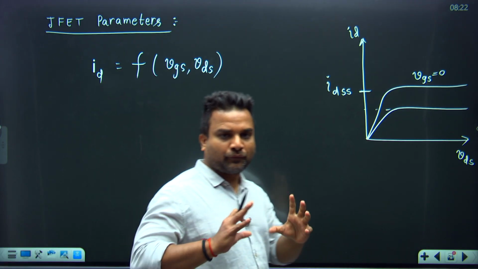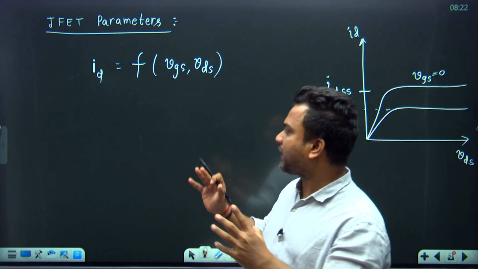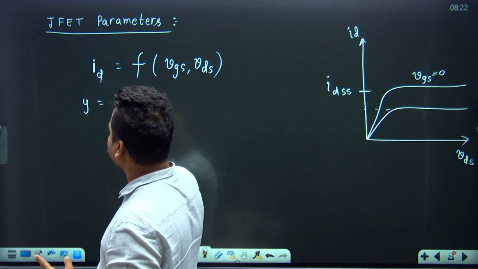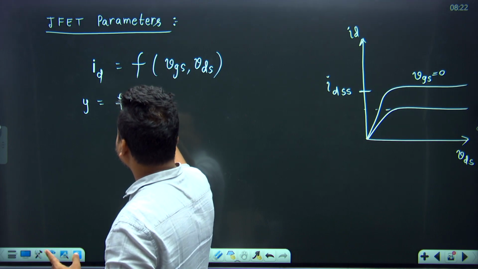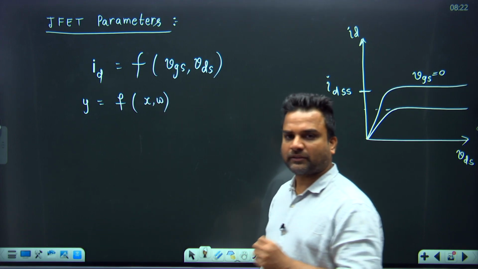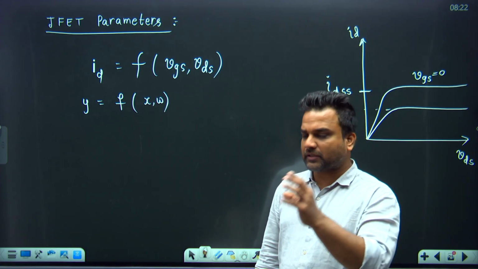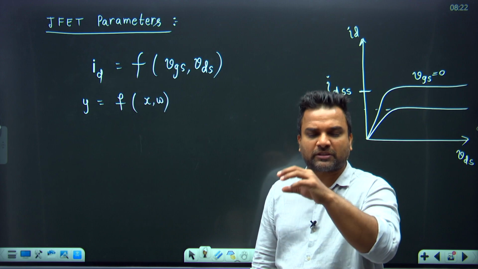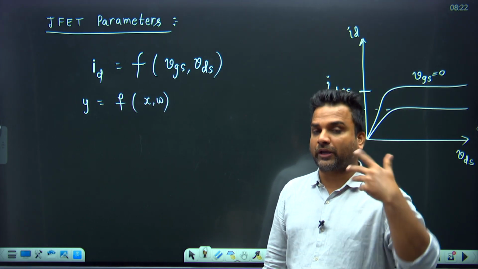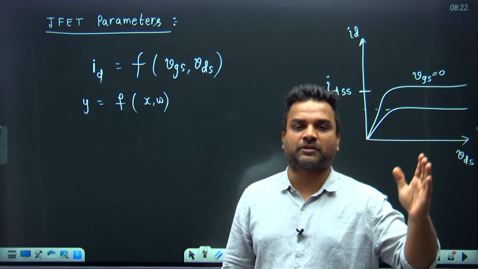See this expression. For example, y is equal to f of x comma w. Let's assume there is a function which depends upon x and w, two parameters. How can you represent it in a Taylor series expression?